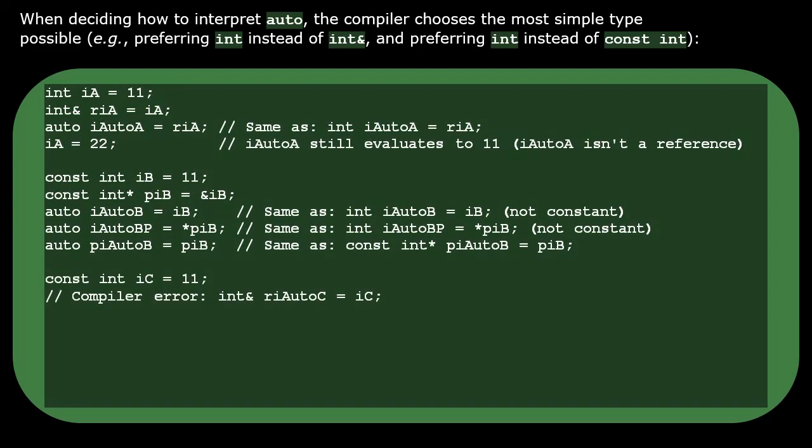Remember that an ordinary reference is not allowed to refer to a constant variable, but a constant reference is allowed to. Consequently, when you use this type shortcut, the compiler will need to make it a constant reference to int.